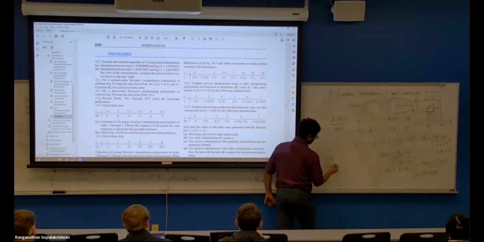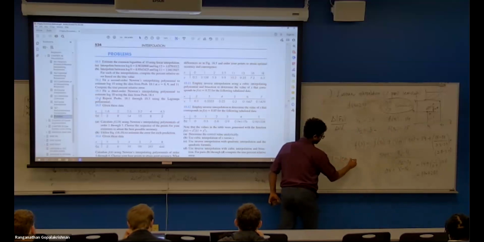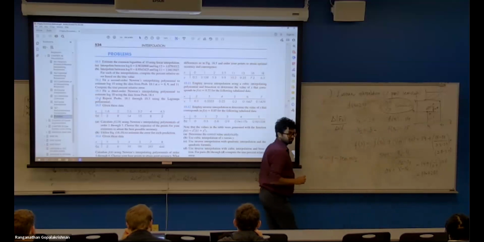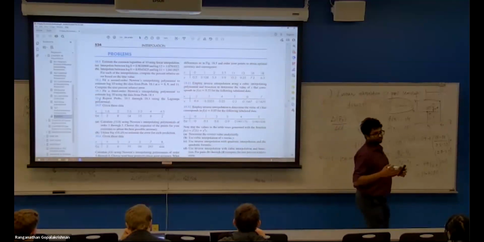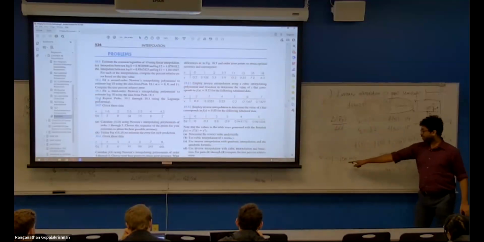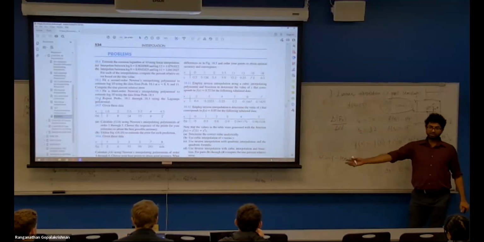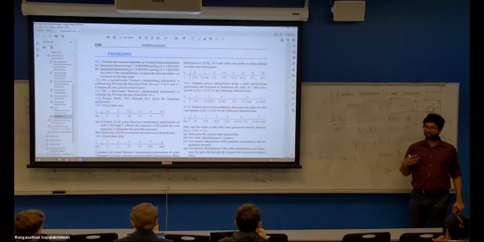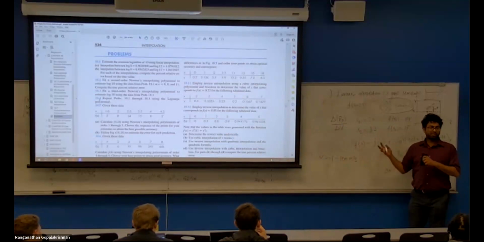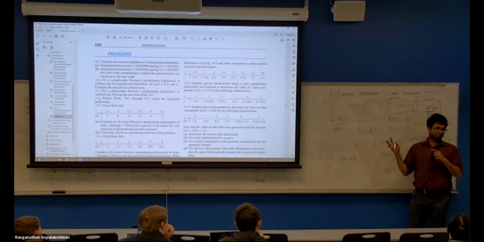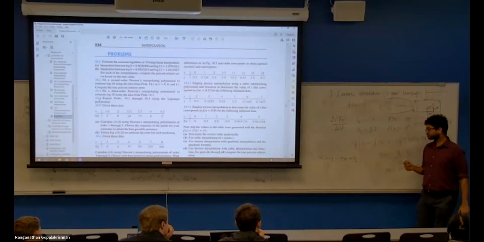Suppose you are interested in the range of 1 to 100 meters per second of velocity. In terms of doing the experiment, 1 to 100 meters per second is a huge range because getting airflow at 100 meters per second is a lot of work. You have to have a big enough pump, you have to have the duct system, you have to have a filter to remove the dust particles, all the things.